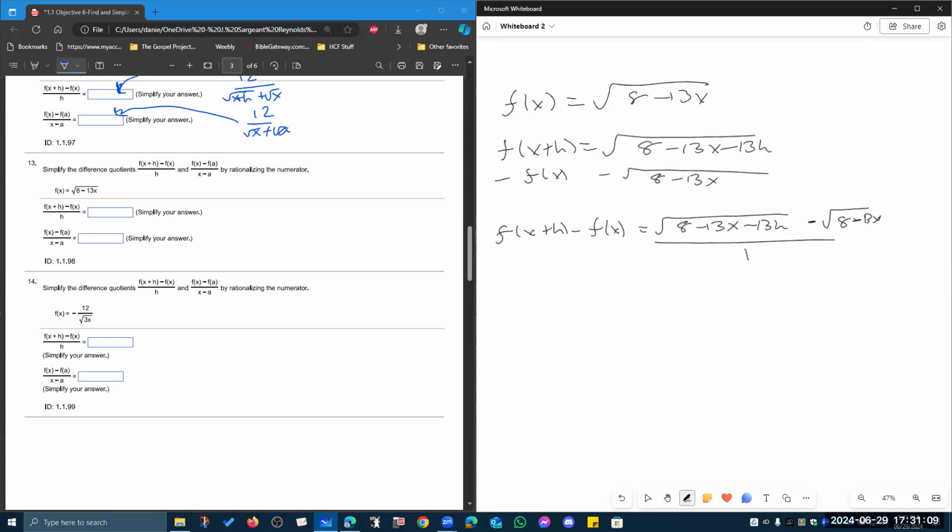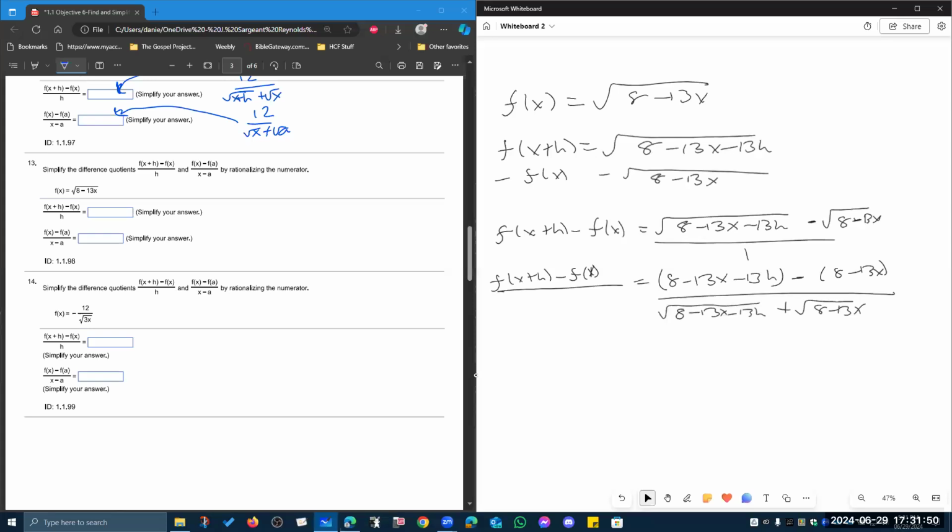I don't really have a lot of space to write that out, but I hope you understand what I'm about to write here. It is going to be multiplication by the conjugate: I'm going to square this, minus, and I'm going to square this. I'm going to multiply in the bottom by this same thing, but change that sign. Okay.